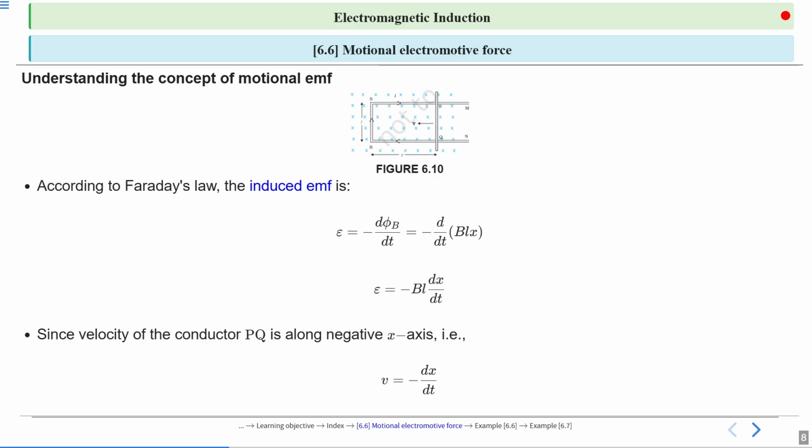Also, this x is decreasing, that's why the negative sign is there. The change of x, dx, is negative. That's why V equal to minus dx by dt. So minus dx by dt in this expression will become V.